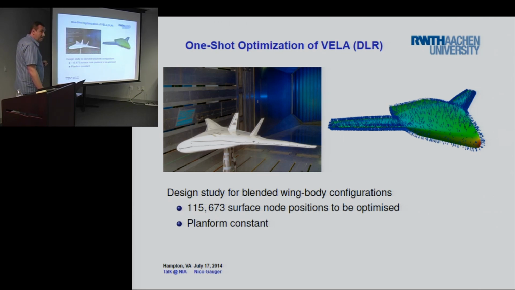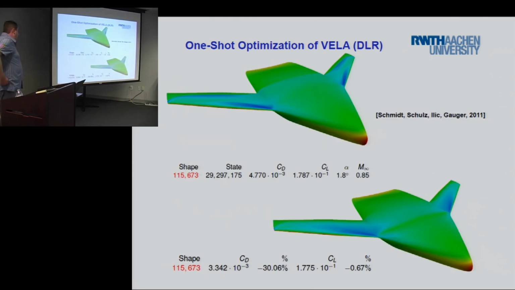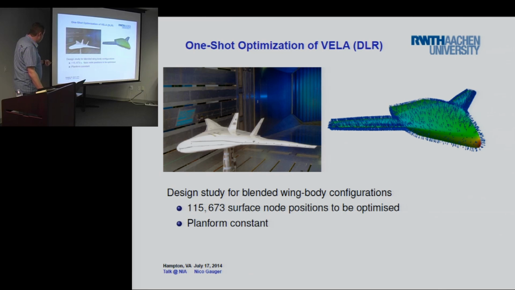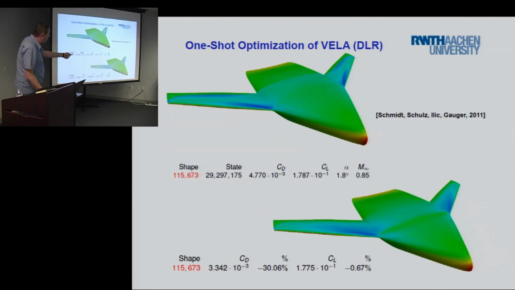Before, you used only global refinement, solving on a coarse grid, and here it's local refinement. And here you see really a factor 2 also, and this factor 5. We published this already in 2011 in the AIAA Journal. We really can dramatically reduce the shock while lift is fixed.